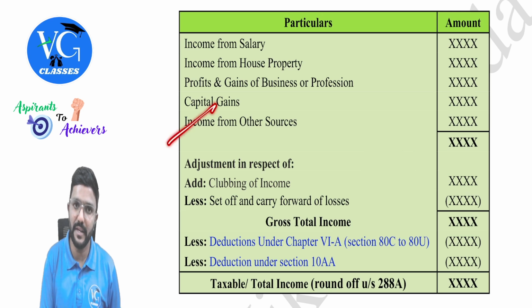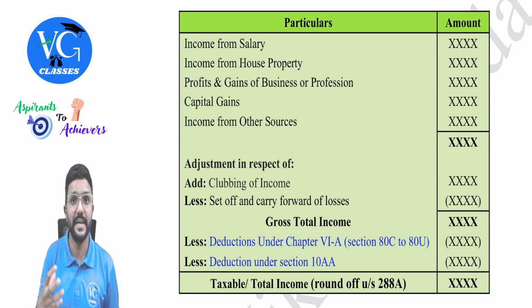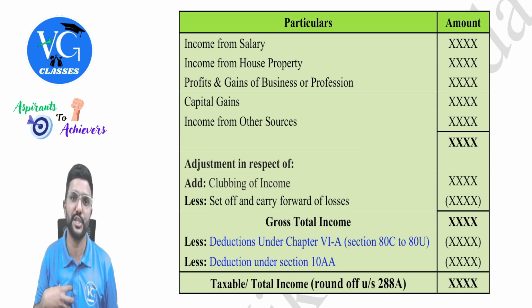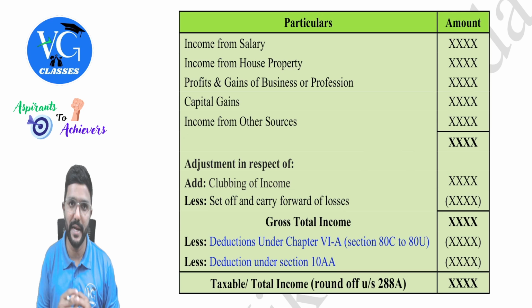And while computing income under the head other sources, if there are any expenses incurred by the assessee to earn such income, he can claim it as an expense. But be careful, no expenses can be claimed against casual income or the deemed dividend which an assessee has earned by way of buyback of shares by a domestic company. Yes, so each of these in detail we have already learned under the respective heads, guys.